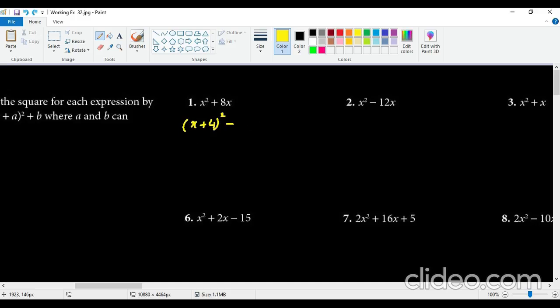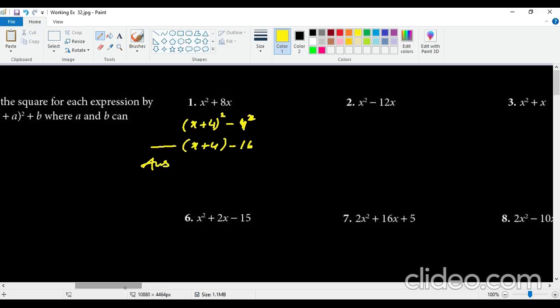So x plus 4 whole square minus 16 is going to be your correct answer. This is going to be your final answer, and you have expressed it as x plus a whole square plus b.